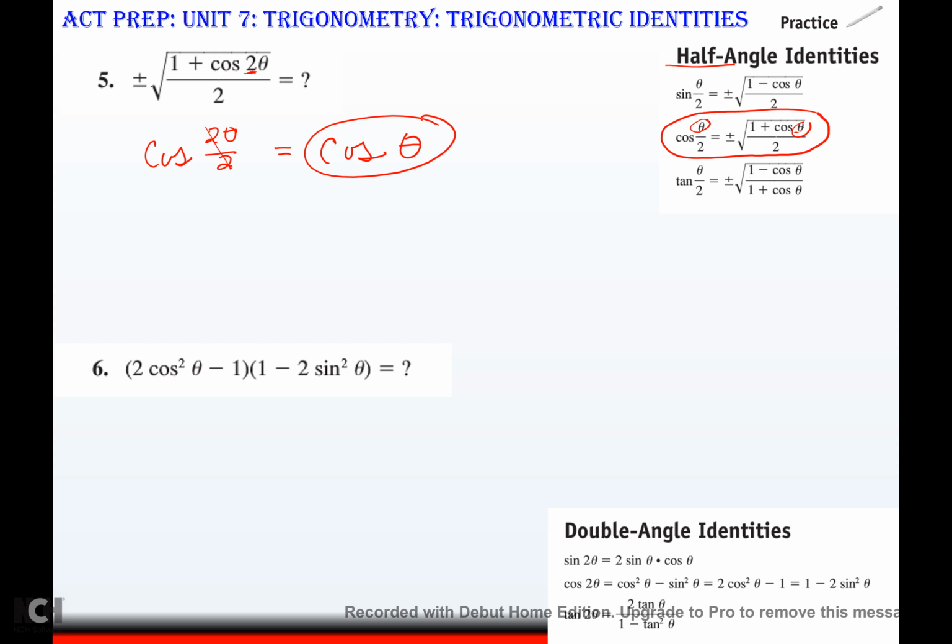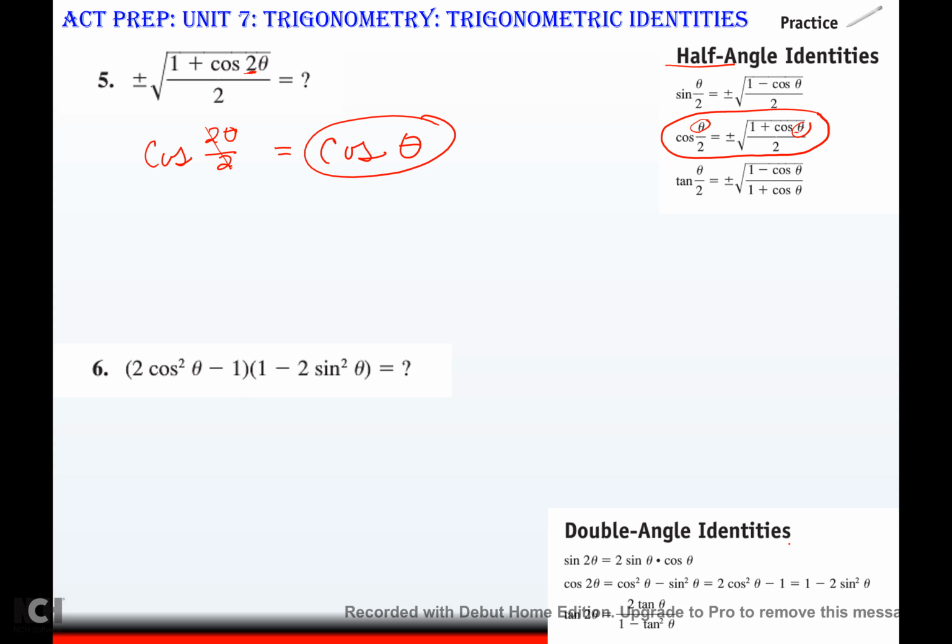Alright, on this one, I started FOILing, and it was getting to be a real mess, and I was like, maybe those are equal to something. So I looked in my double angle identities. Well, I looked at all my identities, but when I looked at my double angles, I found them.